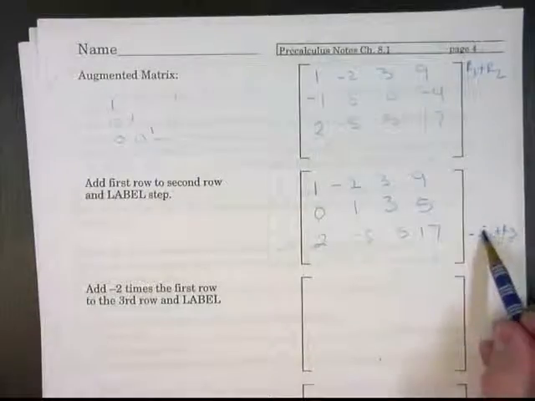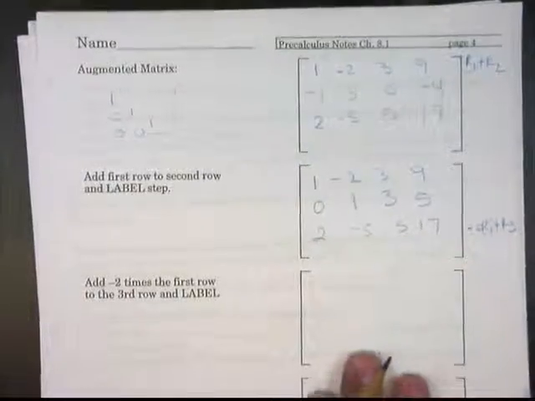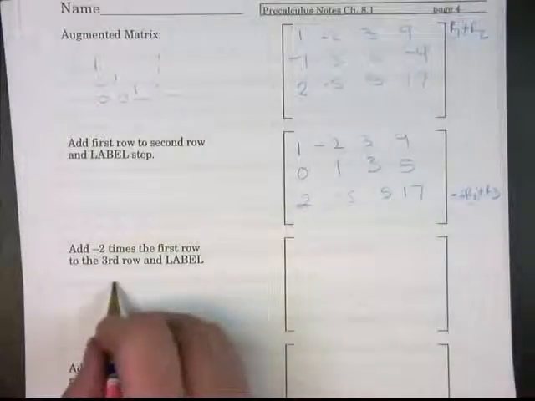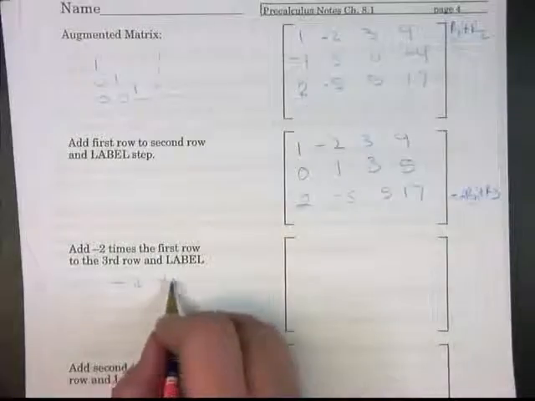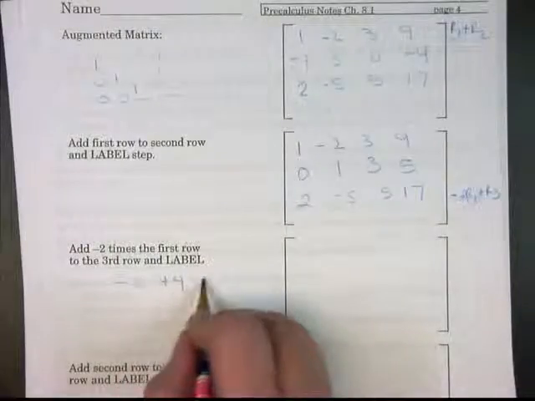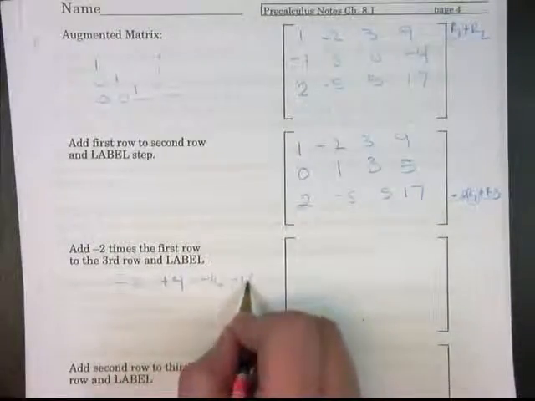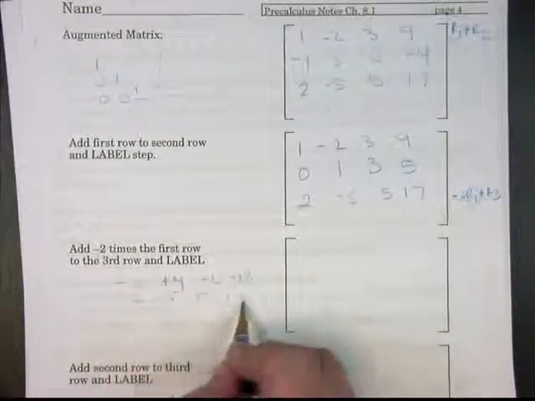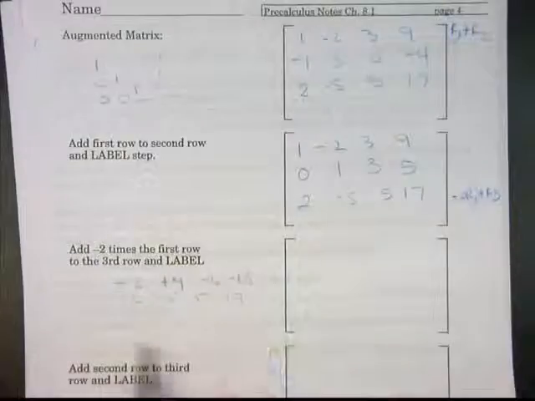So we're not changing the first row, but this is the rule that we're following. So -2 times the first row is -2, +4, -6, -18. And put that to the third row. This is just side work.